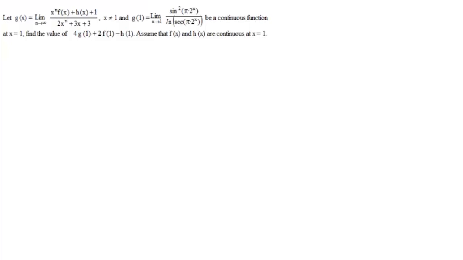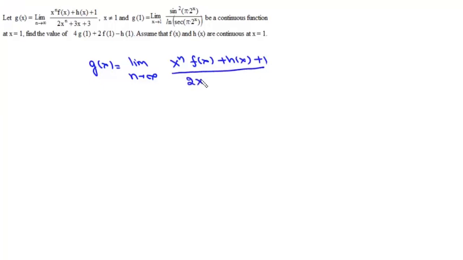Now here the question is, we are given that g(x) equals the limit as n tends to infinity of (xⁿ f(x) + h(x) + 1) / (2xⁿ + 3x + 3), and x is unequal to 1.